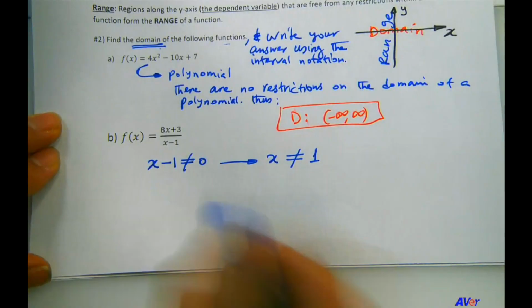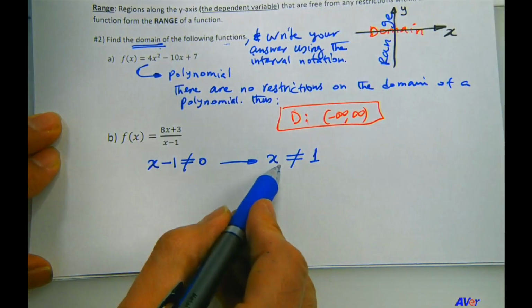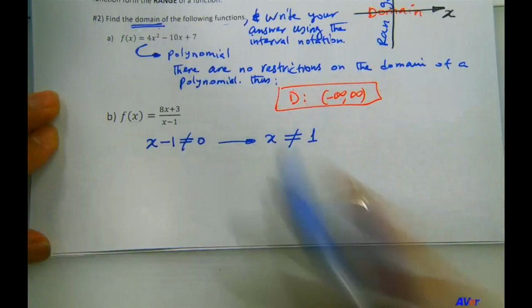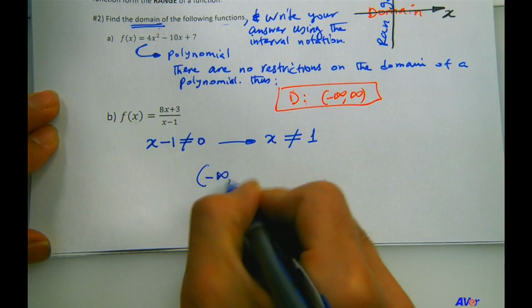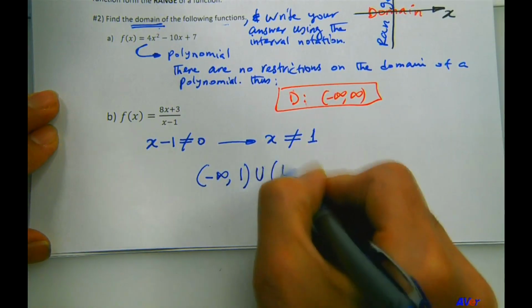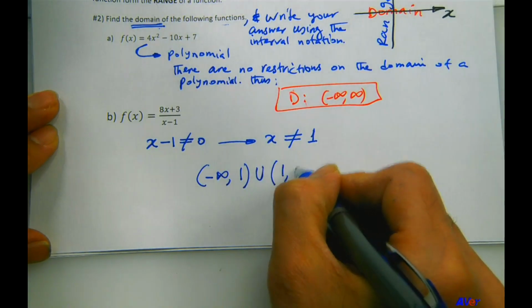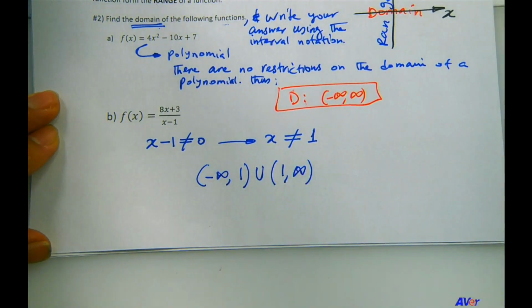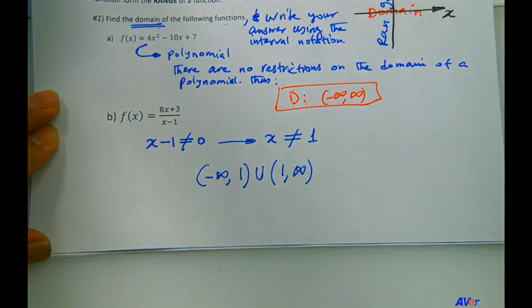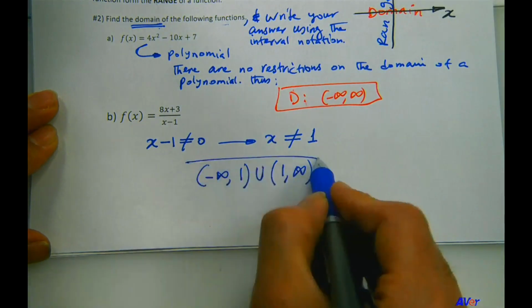So everything is acceptable except 1. Why? Because 1 makes the denominator 0. So let's exclude it. So minus infinity to 1, union 1 to infinity. Remember in one of the first sections that we covered, we talked about union and intersection. I believe it was 1.1. Okay? So there's the domain.